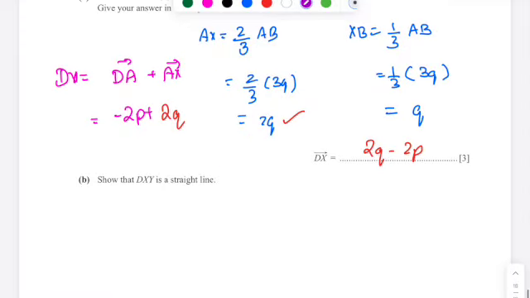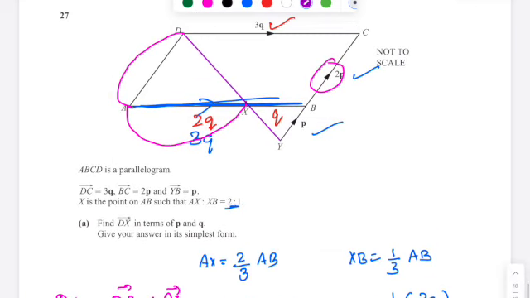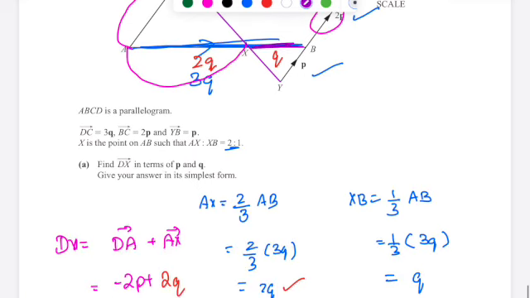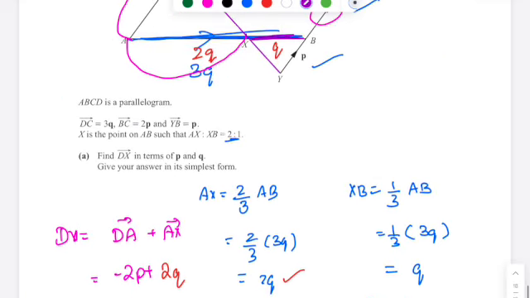First DX, which is 2 times q minus p. What is q minus p? Have we found it anywhere? Q minus p. Q is XB. 2 times XB minus p.